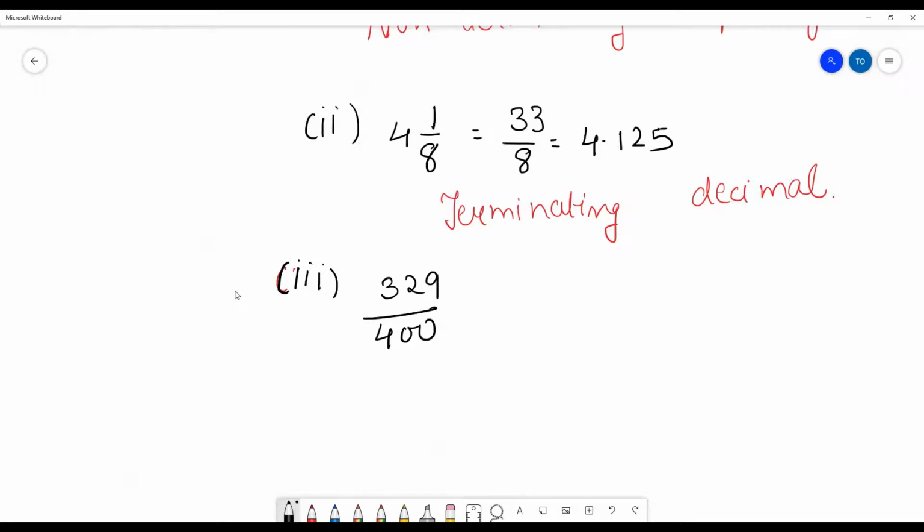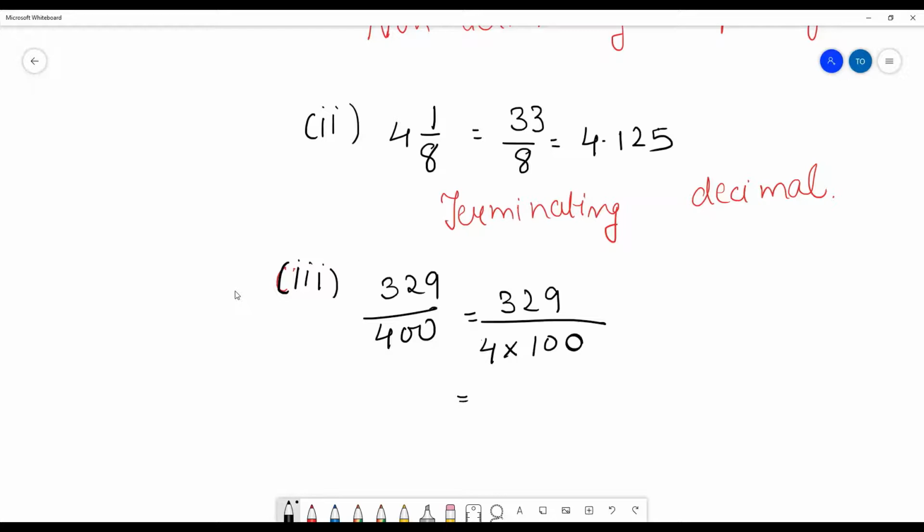For example, if you are doing the multiplication and division of this number, it is 329 upon 4 into 100. So you can do 329 upon 4 and then divide it by 100. You can make the decimal point accordingly.